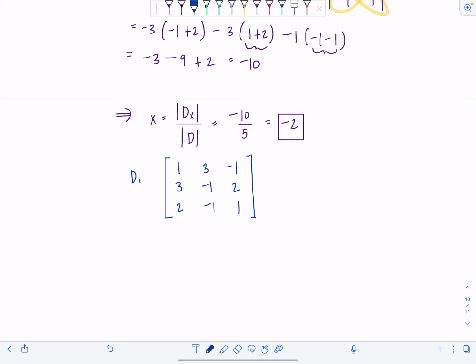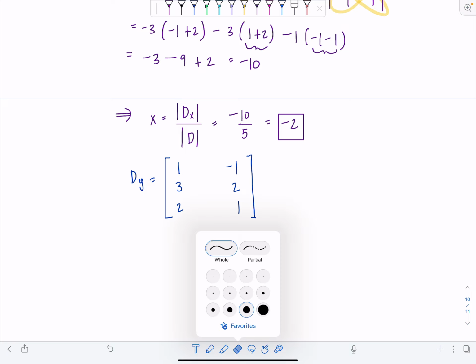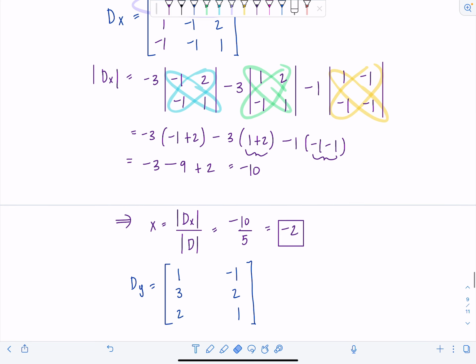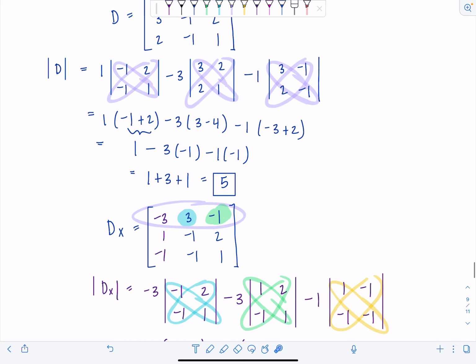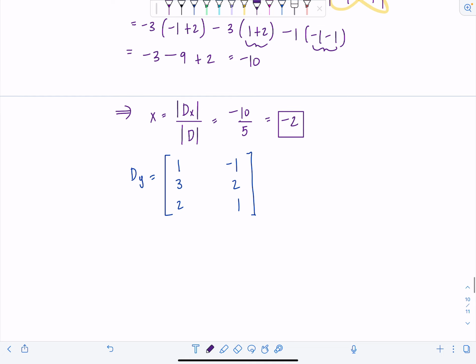So this is D. I want D sub y. So this goes away, okay? And then now I'm going to replace that with the constants. Remember here what everything was equal to, -3, 1, -1. Yes, -3, 1, -1 replaces the column where the coefficients of y were. So we've got -3, 1, -1.